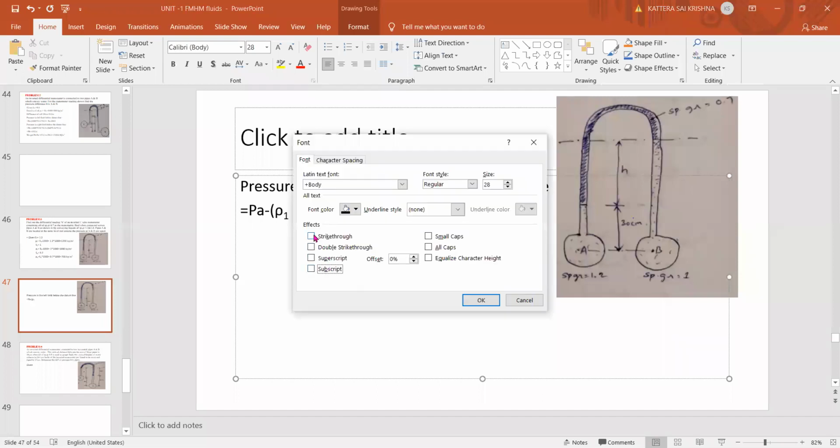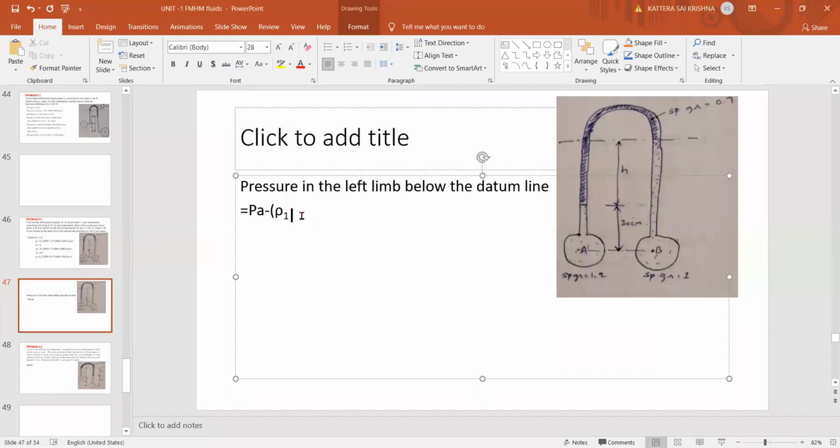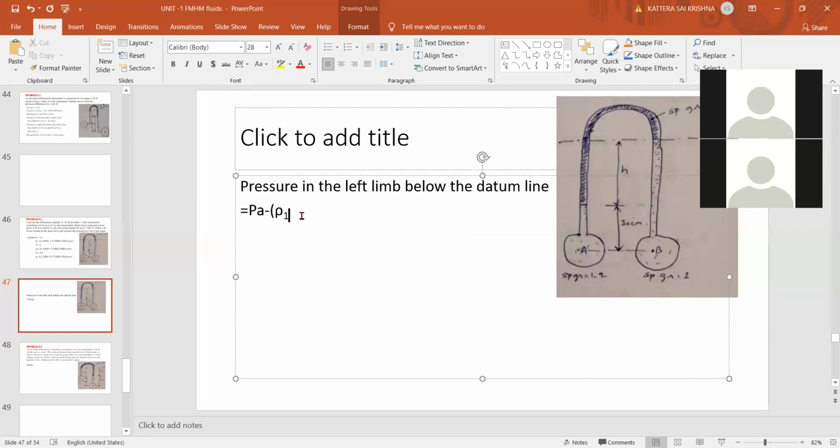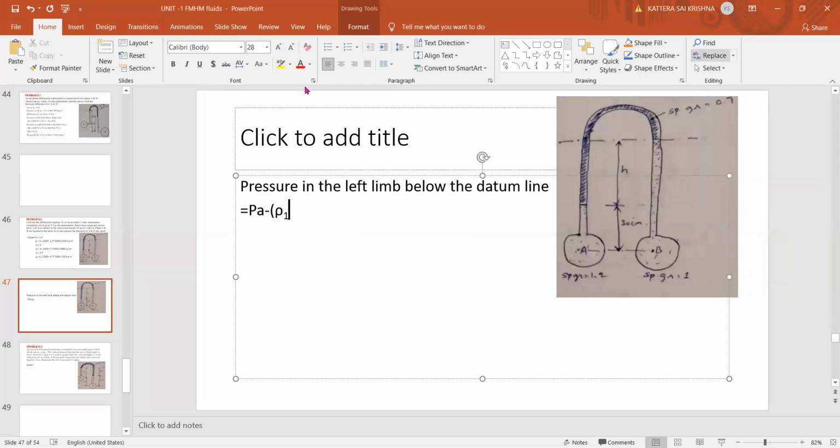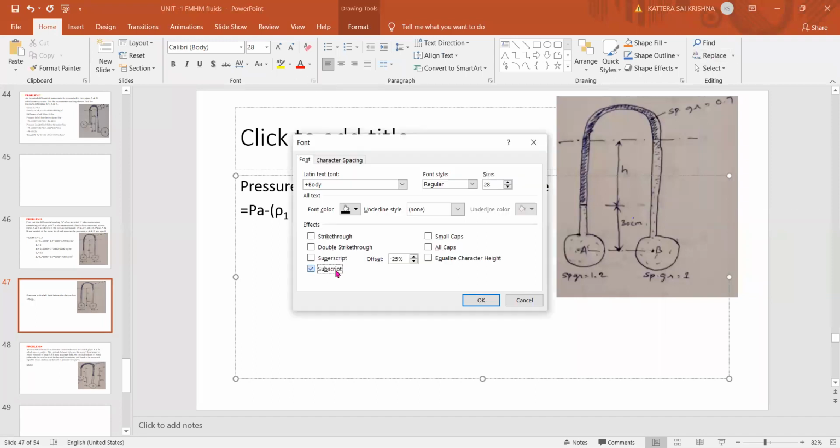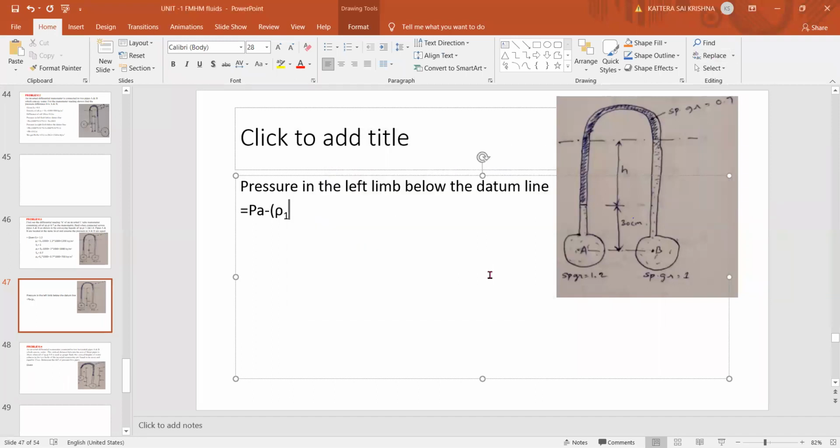G, rho 1 g, height is H1, 0.1. Minus one more is there. What is that?